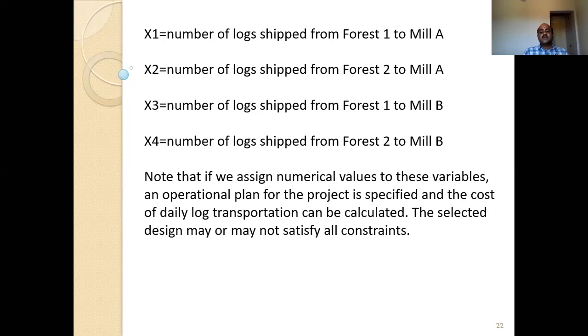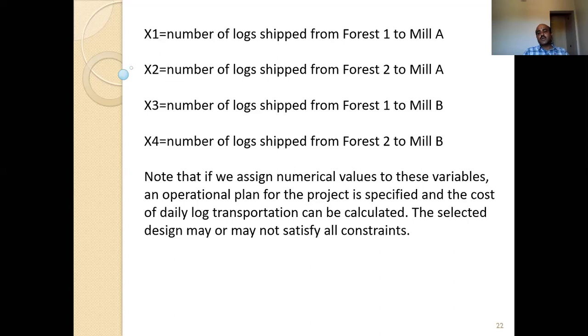If we assign values for X1, X2, X3 and X4, we can easily calculate the daily transportation cost for the company, because the company has 2 mills and 2 forests, and we know the capacity of each mill and the number of logs shipped from each forest to each mill, in terms of design variables. We also know the cost for shipping one log over a kilometer.